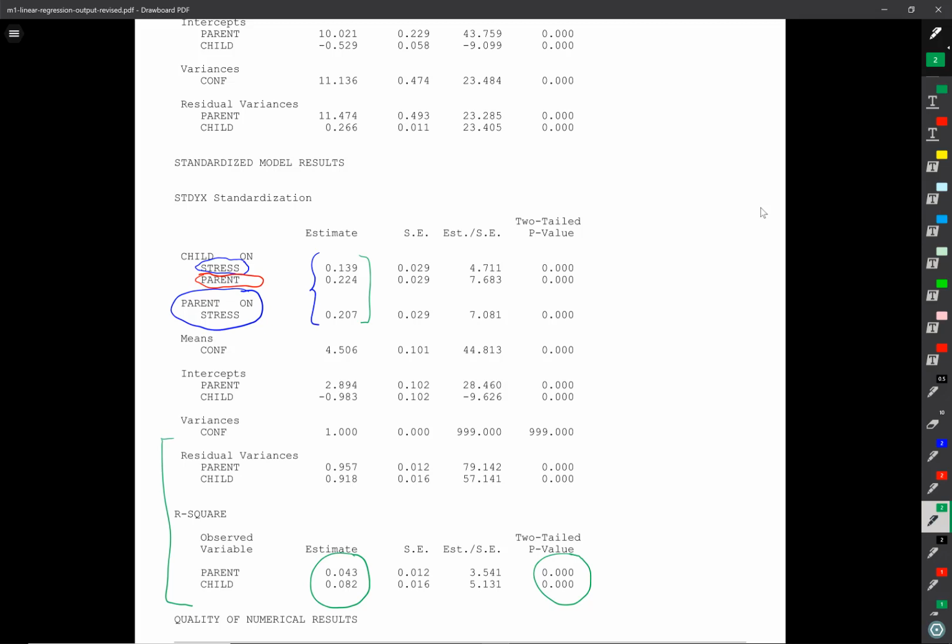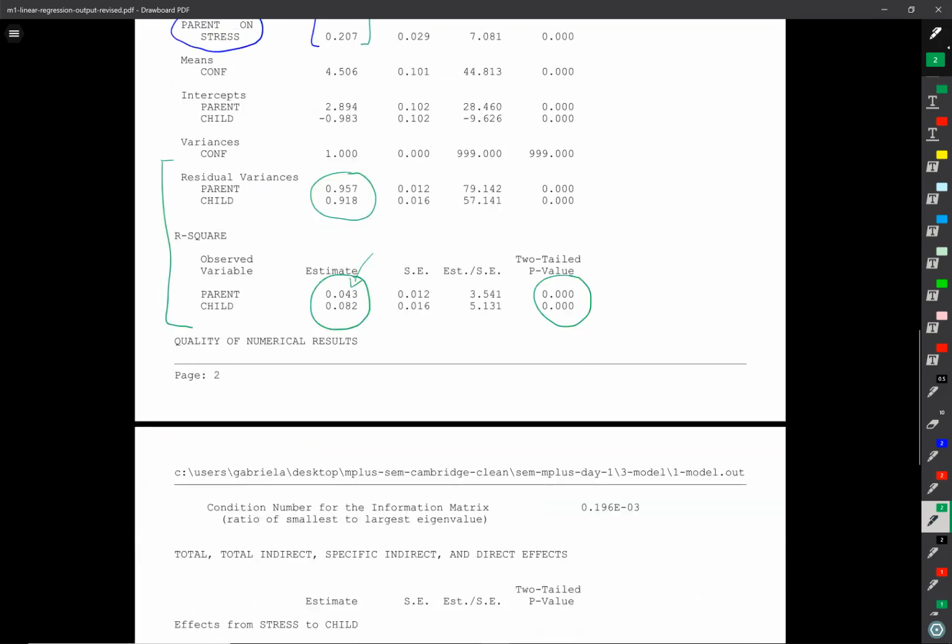However, the actual proportion of the variance is really quite small, only 4.3% for parenting and only 8.2% for child externalizing problems. And you can see that also by looking at the residual variances. Because remember, the residual variance in standardized form is the opposite of the R-square. It's the proportion of variance that remains unexplained.